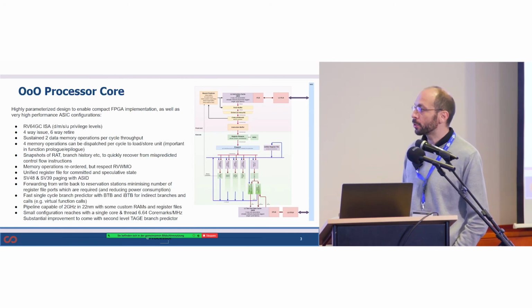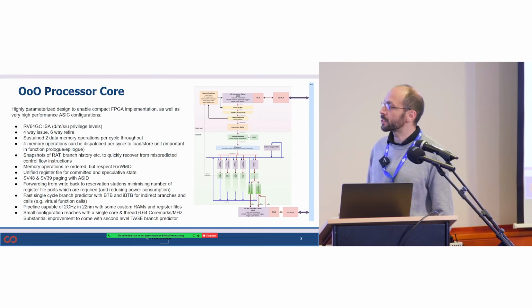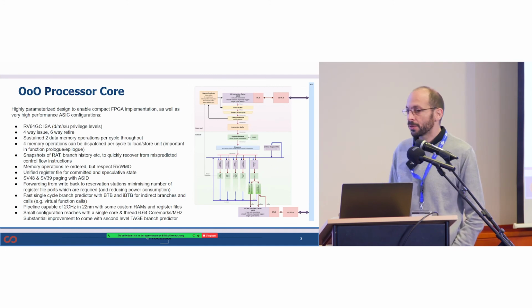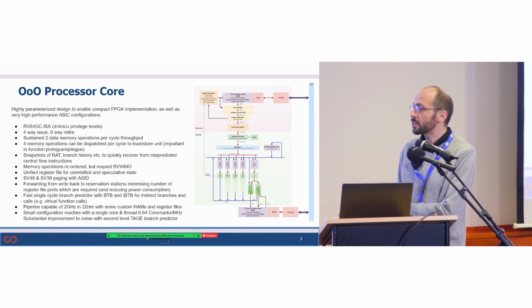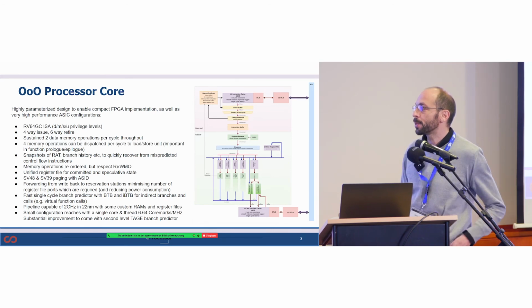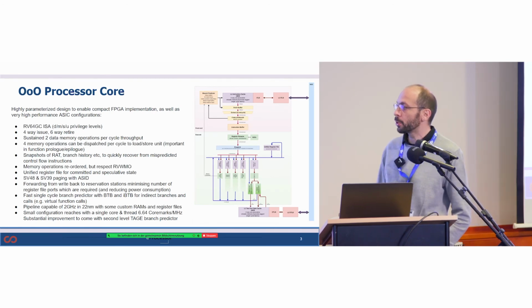So it's provided by Quartus. They can do snapshots of the return address table branch history to quickly recover from mispredicted instructions. They can reorder memory operations, but always respect the RISC-V weak memory ordering.